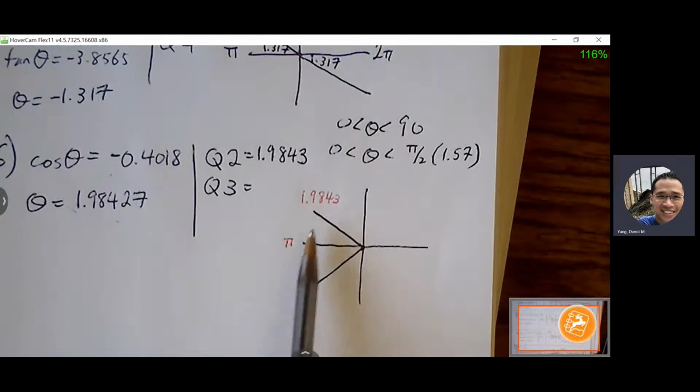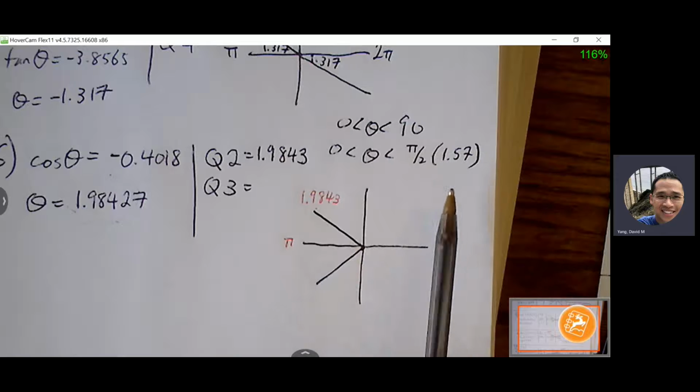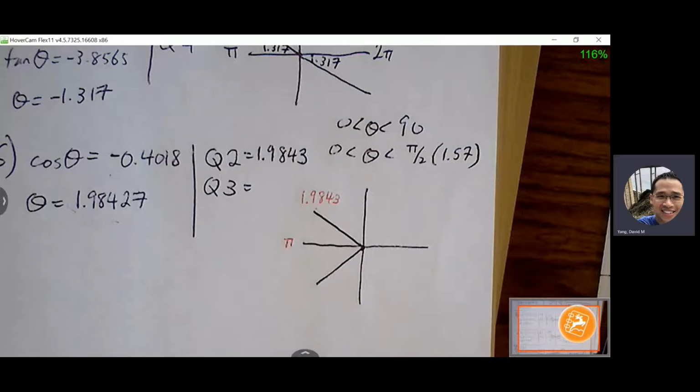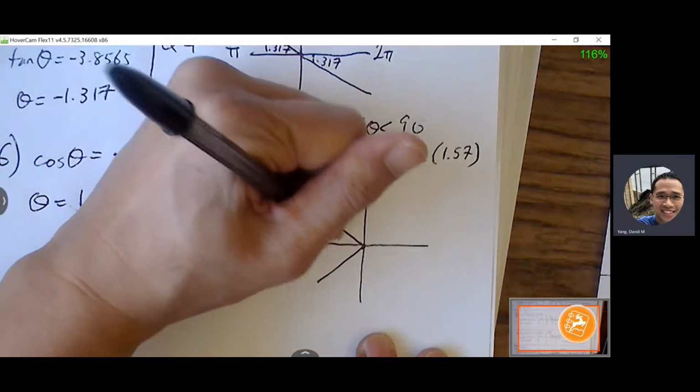So we'll do pi minus 1.9843. That'll give us the reference angle that we're looking for, and we want a reference angle that's between 0 and 1.57. Okay, 1.1573.